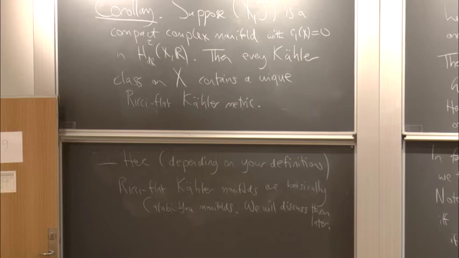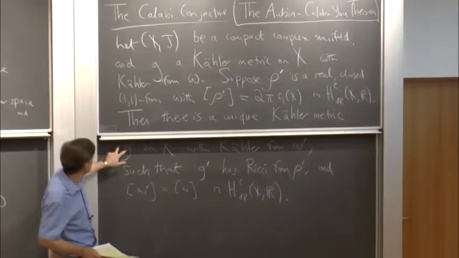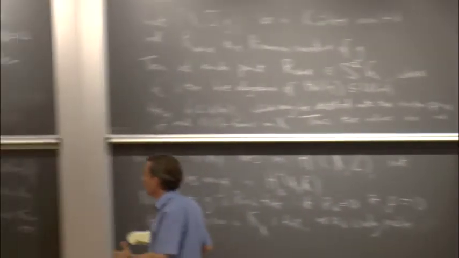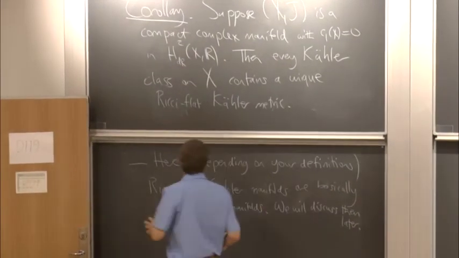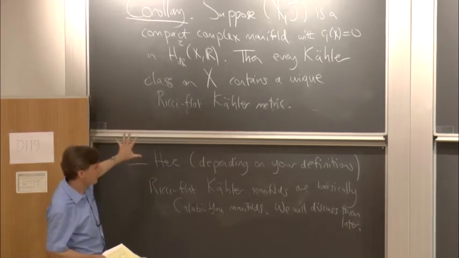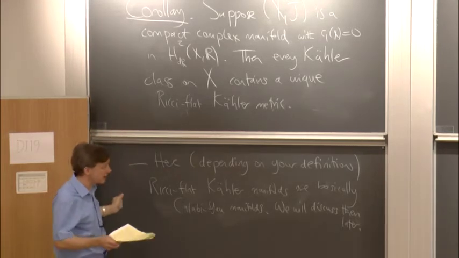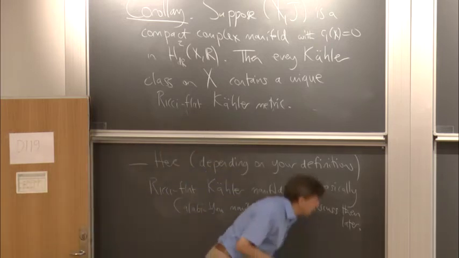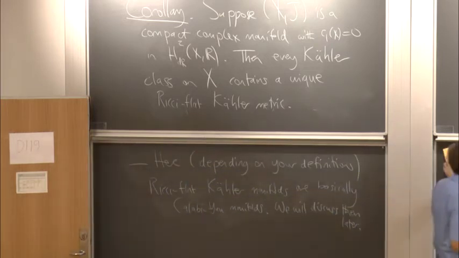You can't actually write down these Kähler metrics g prime, and in fact they're almost never actually known. You just know that there exists some metric g prime. You can't write down a formula for it or get very much control of what it actually looks like.